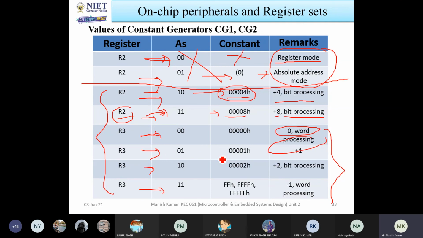When R3 equal to 01, it means that you are jumping one location. Means you are increasing plus 1. Same way R3 equal to 10, it means that you are jumping 0002. It means plus 2-bit processing. Same way R3 equal to 11, so you can do minus 1. Remember that. Word processing means you can go to the previous location.